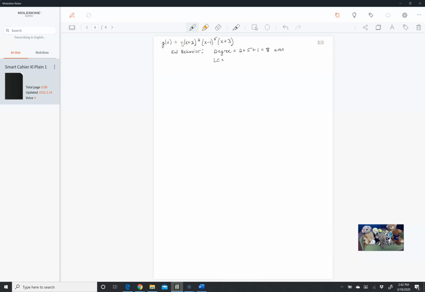So the leading coefficient is -1. All we care about is whether this is positive or negative, and it's negative. So an even degree says both sides are doing the same thing. The negative says that they're falling. So the end behavior says both sides fall.